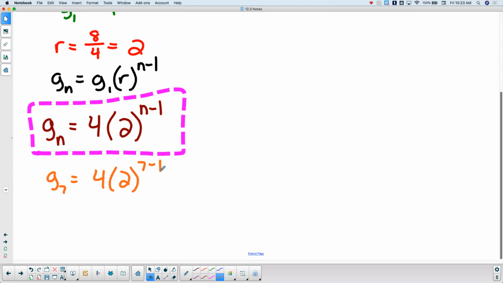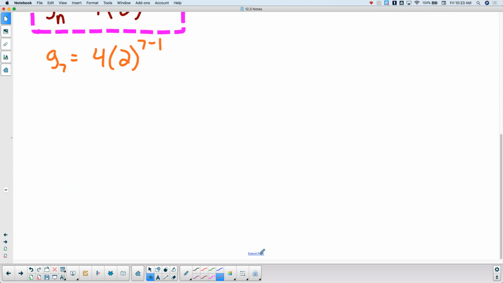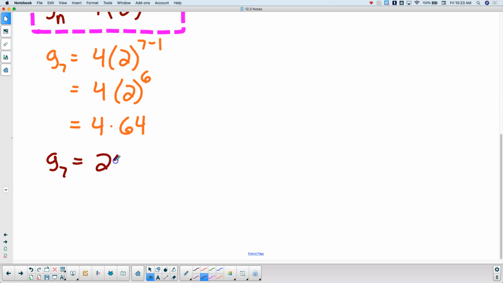So I'm going to plug 7 into my rule in place of n. 7 minus 1 is 6. 2 to the 6th power is 64. 64 times 4 tells me that my 7th term is 256.